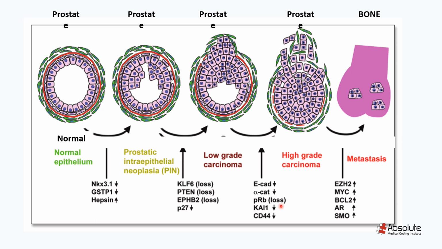Let's quickly look at my images of a prostate. The first one represents a normal prostate with normal prostate cells. They call them epithelial cells, and they line the prostate, you see there within the cell. Now, when we get to the second image, this can be in situ, right?